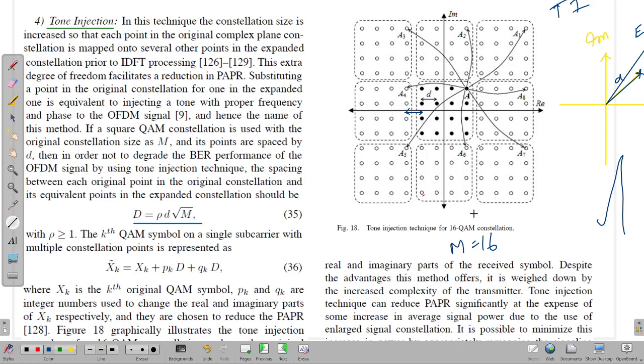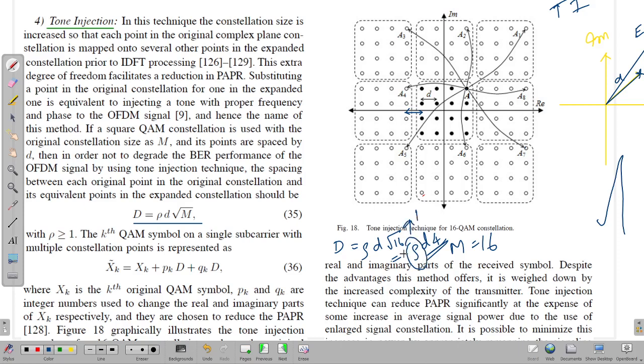So we have M equal to 16 here, and so this expression can be written as D is equal to rho into d root of 16, so rho into d into 4. Let us, for the time being, take rho as 1.